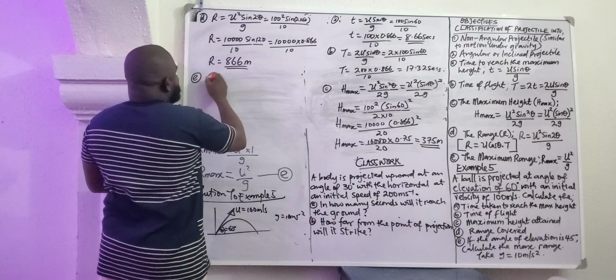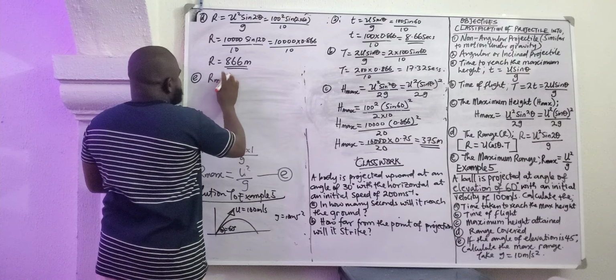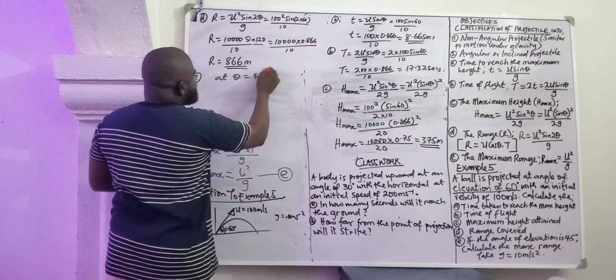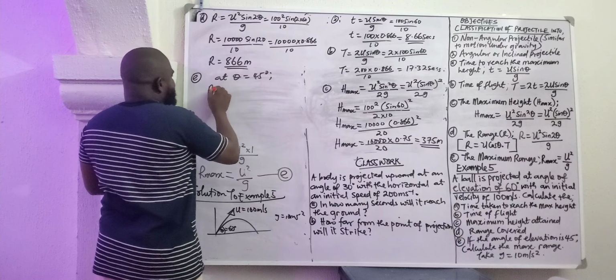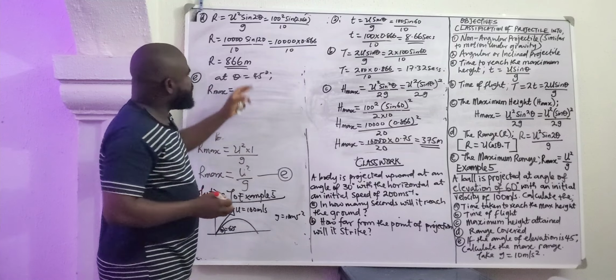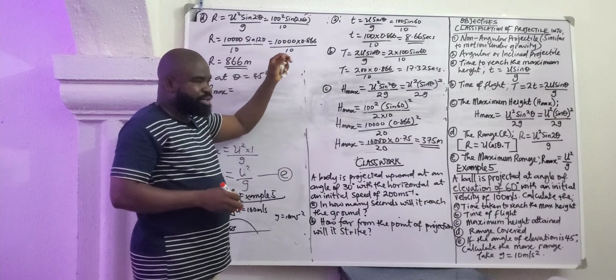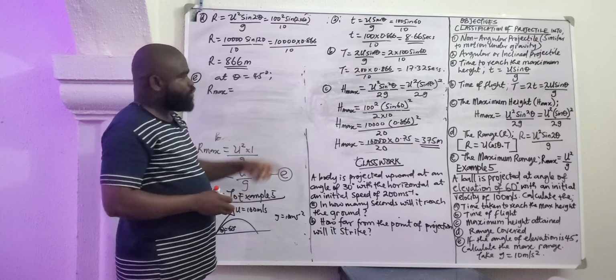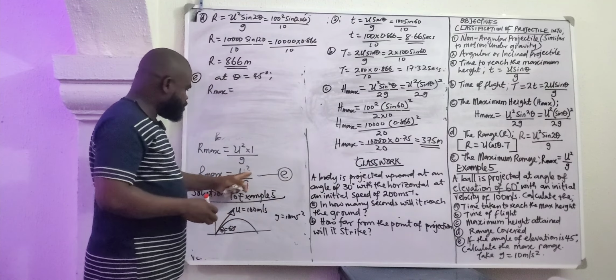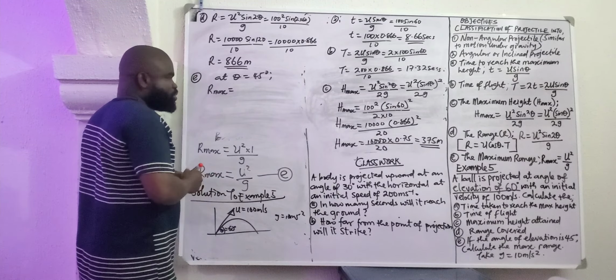So we say R max at theta equals 45 degrees. R max. Now, two ways you may want to solve it. You may want to solve it by applying the formula of range and then substituting the angle 45, or you may just want to quote that the maximum range is u squared over g. Any one you do, you are right.